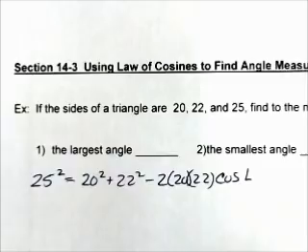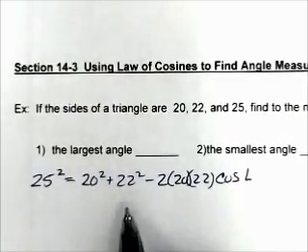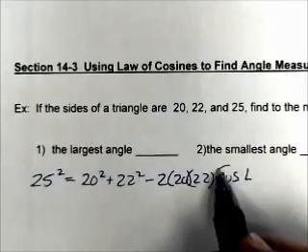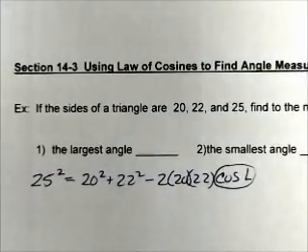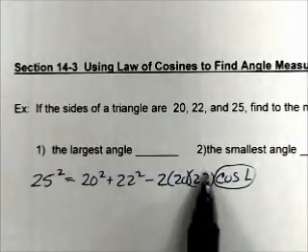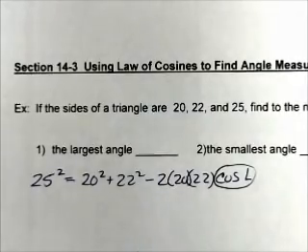We don't go to our calculator until we have our variable by itself. All right? And stay with me for this. I want to get cosine of L by itself. Well, we have this addition, and then we have some subtraction and multiplication.